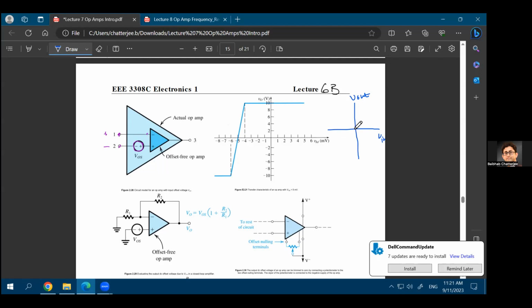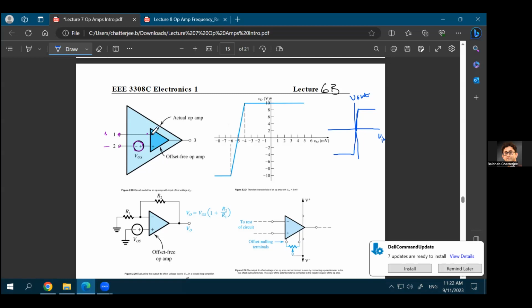If you're applying a small positive input, your output is a large positive output, and then it will saturate because of the VDD and VSS rails. Similarly, if you apply a small negative input, you will observe a large negative output, and then it will saturate again. That's what the ideal characteristic of the op-amp looks like.